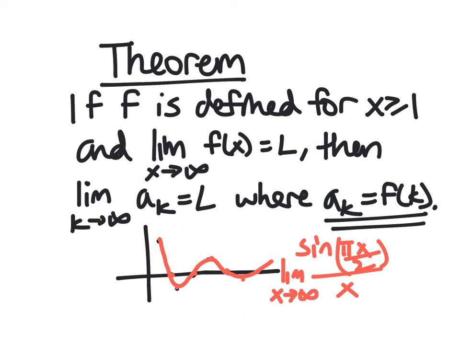Because we know that this top is always between -1 and 1, and the bottom is going to infinity. So this function is 0, and thus these points, now in blue, must also go to 0.